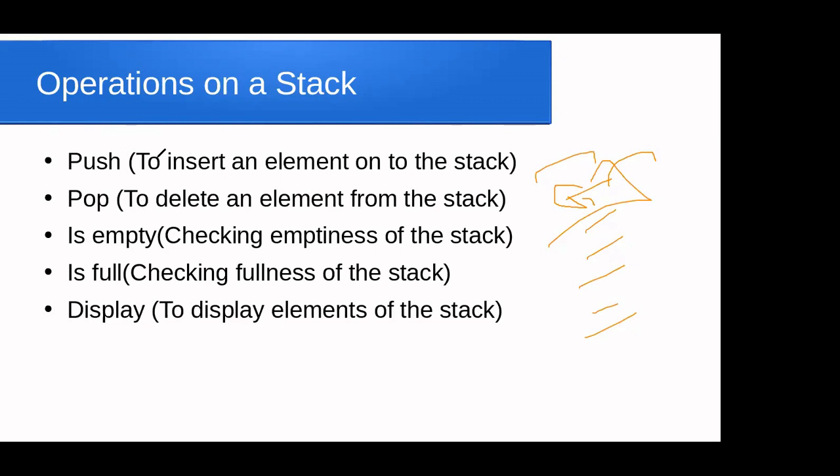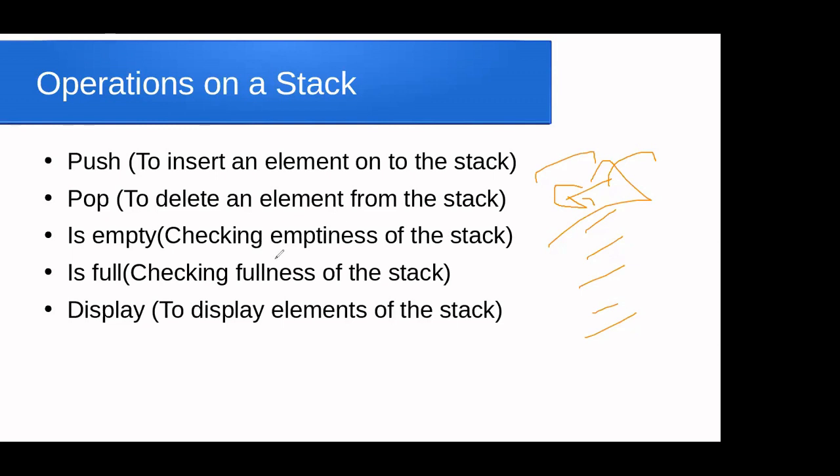And to do these two functions, we need two more functions. That is empty. We need to check whether your stack, your list, is empty or not. For that, we call it the empty function. Next one is full.